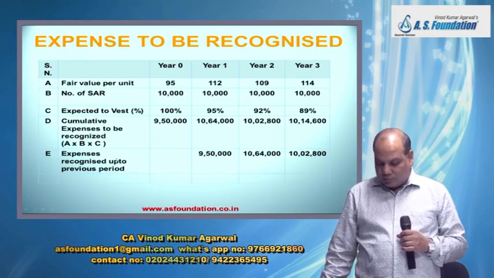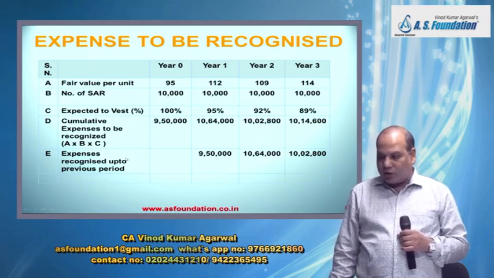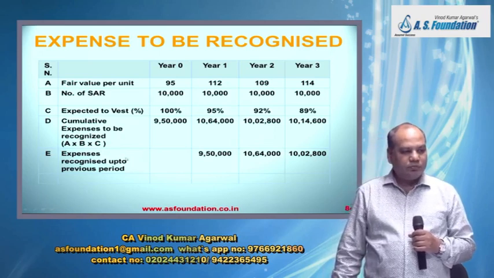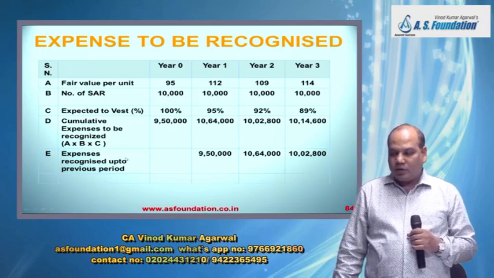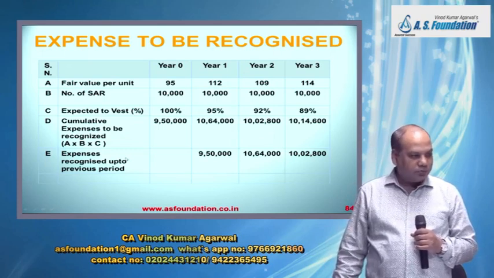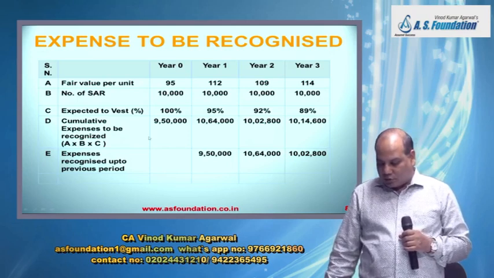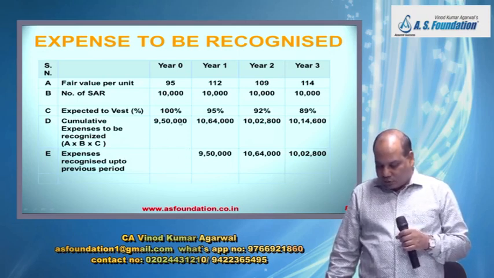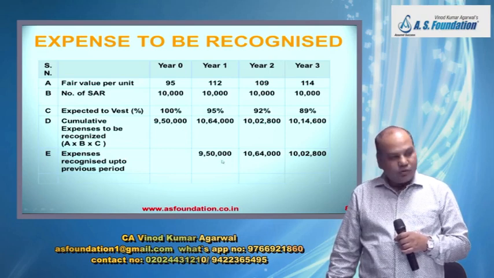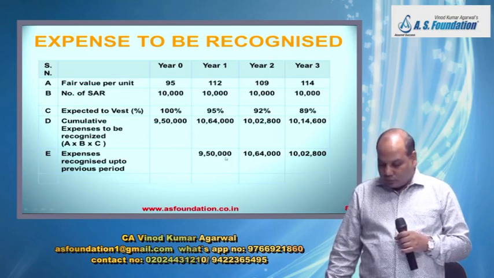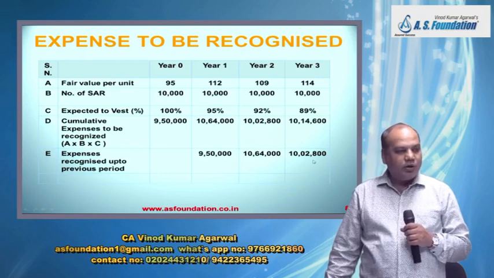Point E, write down expense recognized up to previous period. First column write 0, first column always 0. Then you shift this 9,50,000 to next column. 10,64,000 in the next column, 10,02,800 in the next column.